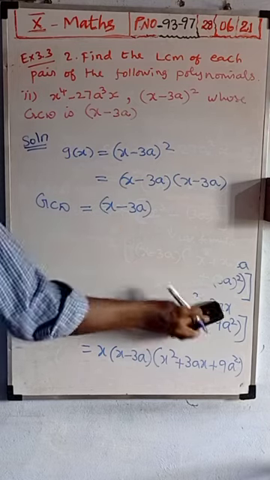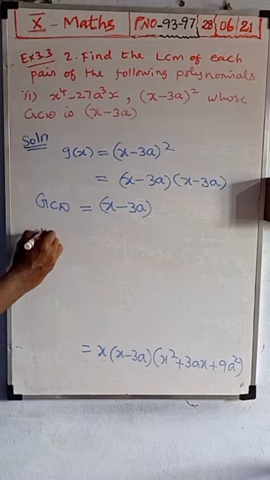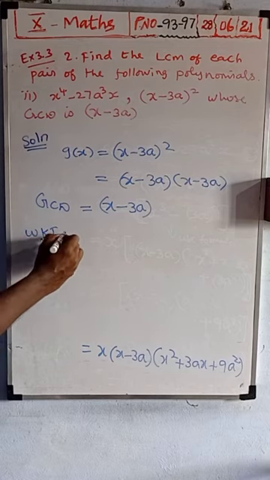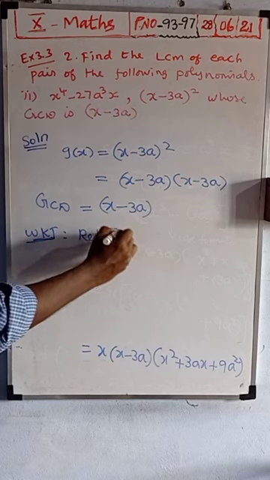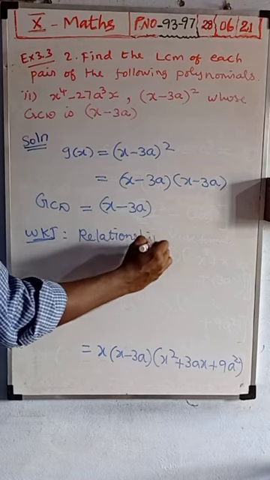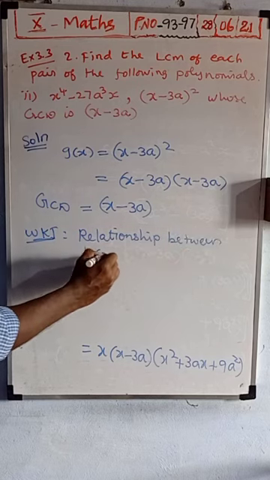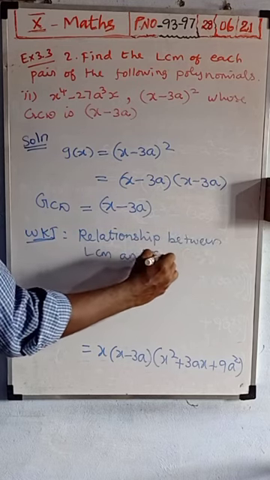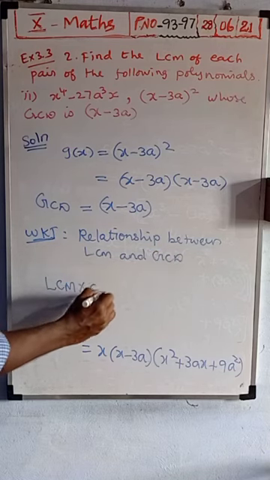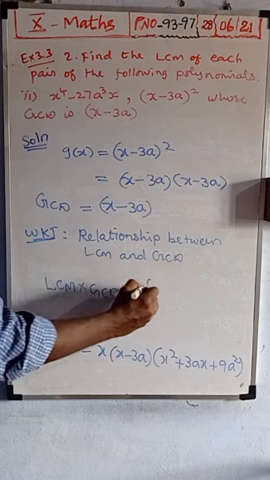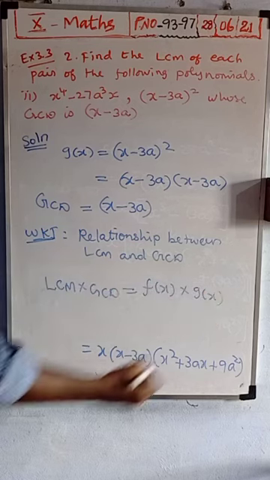Now we know the relationship between LCM and GCD: LCM into GCD is equal to f of x into g of x. Yes, this is a relation.